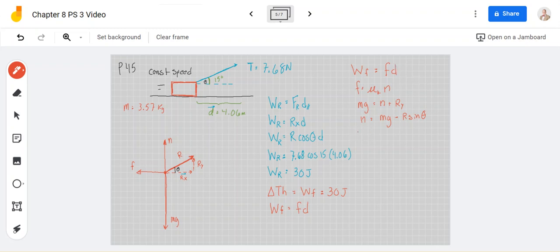So if I go to calculate this, work done by friction is equal to coefficient of kinetic friction times the normal, which is mg minus R sine theta, times the distance. And so I know all these pieces. So this is 30.